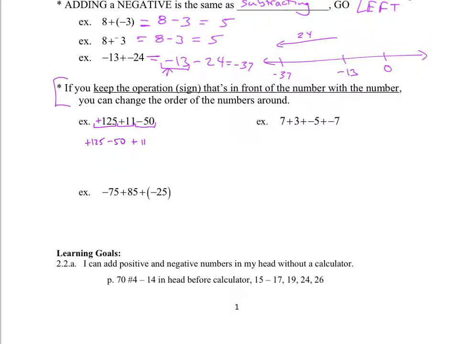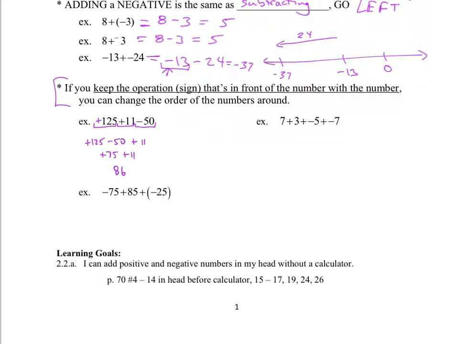So 125 minus 50 is a positive 75, and then we're going to add 11, which is going to get us to 86. Either way, you're going to get the same answer. Which order you do it in doesn't really matter. But sometimes it's easier to reorder to think about it.